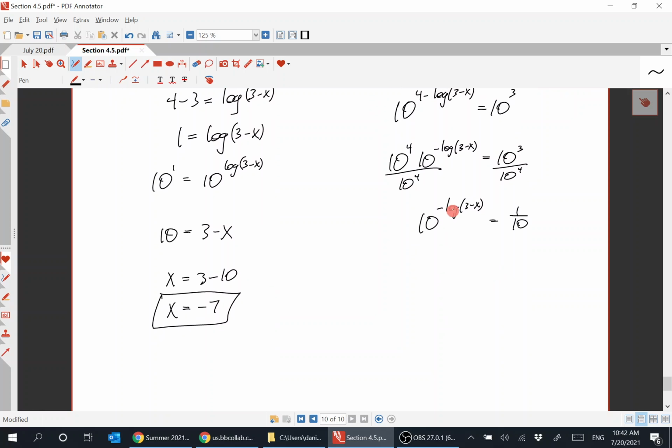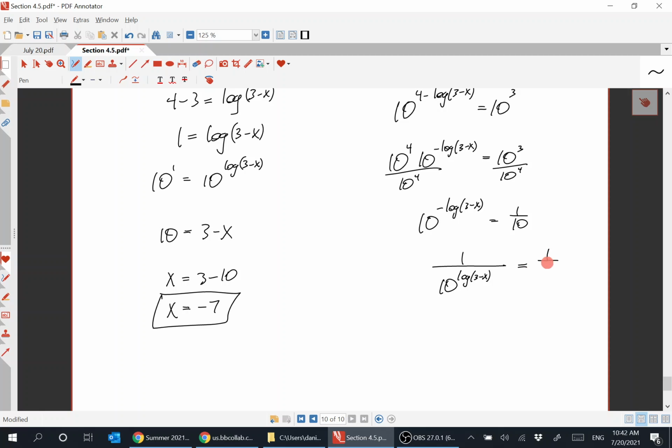Now, in order to deal with the negative exponent, you have to rewrite it with a positive exponent. Remember, when you have a negative exponent, you move that expression to the other part of the fraction. If it's in the denominator, you move it to the numerator. If it's in the numerator, move it to the denominator. And then you make the exponent positive.